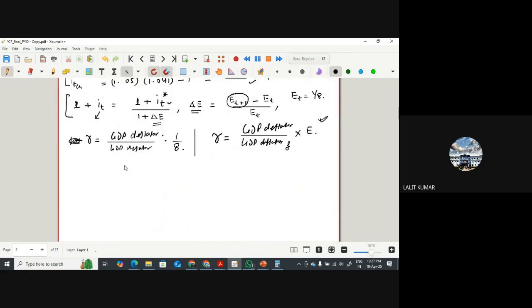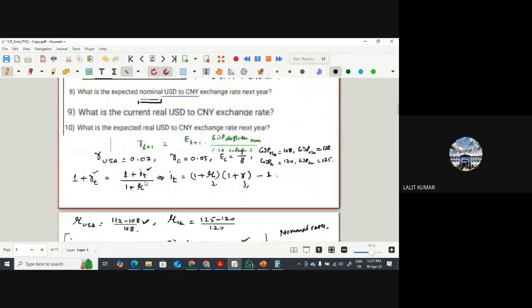So in that, the expected RE will become the future GDP deflator China divided by GDP deflator USA into 1 by 8. Is this okay? Yeah, sir, it's clear. Okay, good.